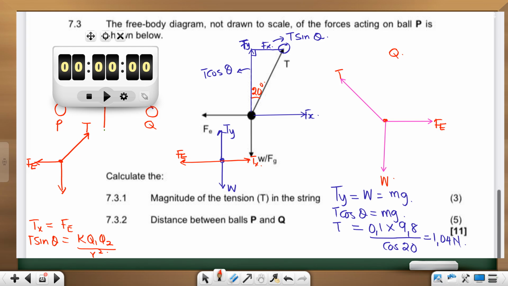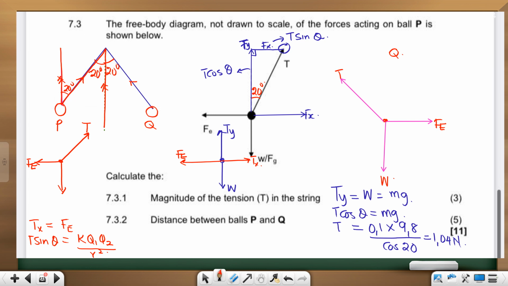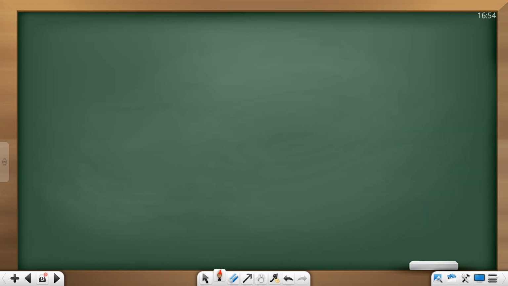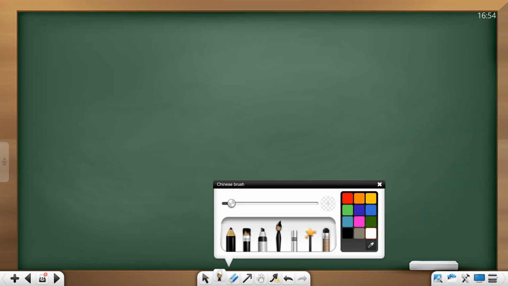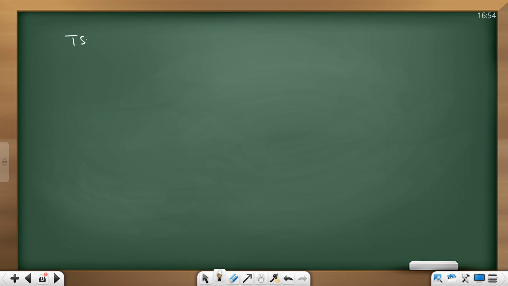Zero comma 04. So it's correct now. Yes. All right, so if you just do your substitution, guys, everything is okay. That question has been answered. T sine theta equals K, Q1, Q2.